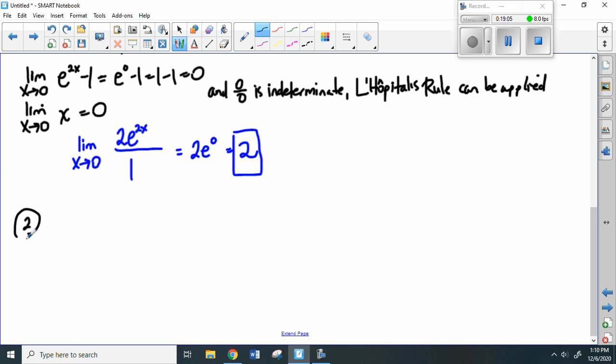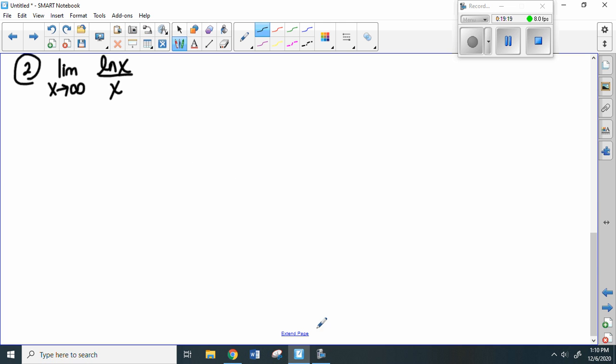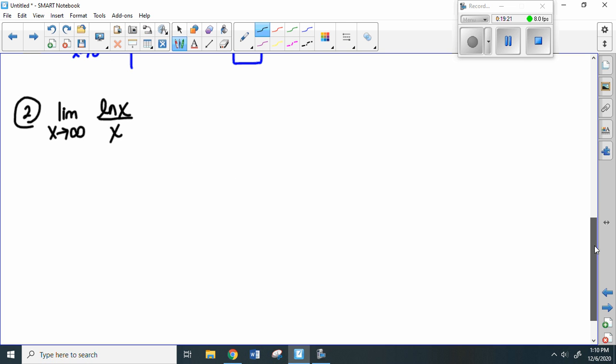Let's do the other one I showed you at the beginning: the limit as x approaches infinity of ln of x over x. Again, you can think of it before you write anything down. If I plug in infinity, ln of infinity is infinity, and of course I get infinity on the bottom.